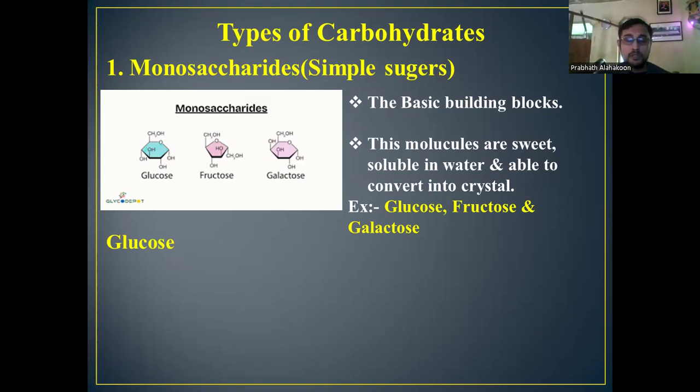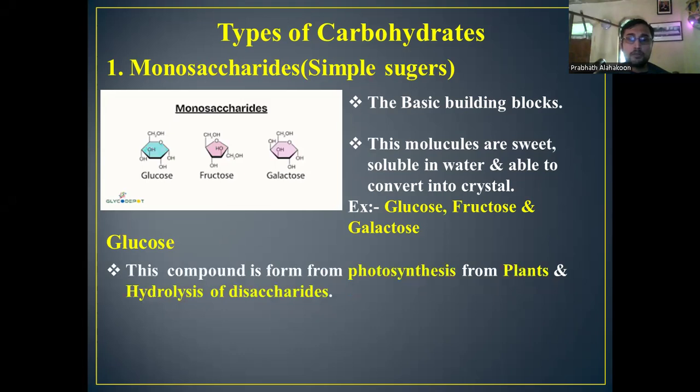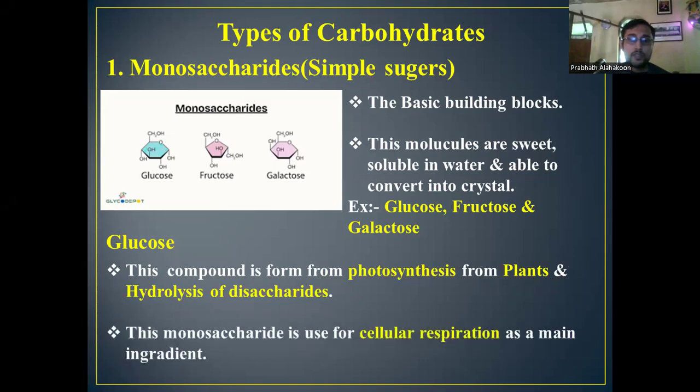First, we discuss glucose. This compound is formed from photosynthesis in plants and from hydrolysis of disaccharides. This monosaccharide is used for cellular respiration as a main ingredient.